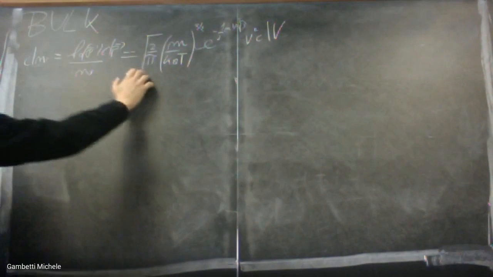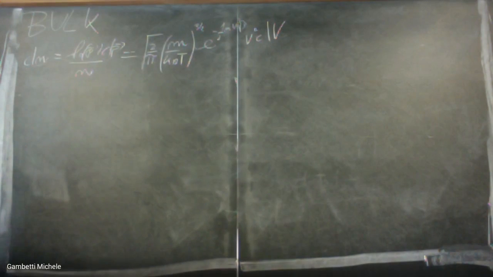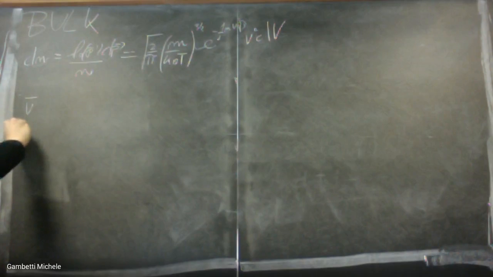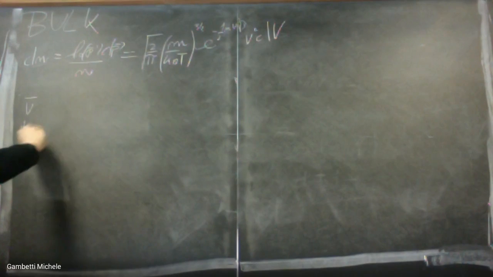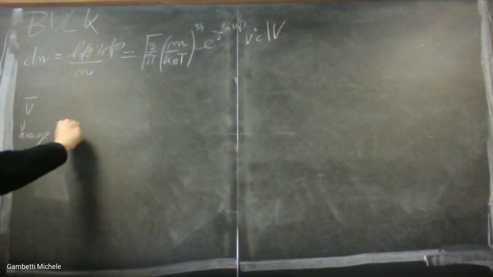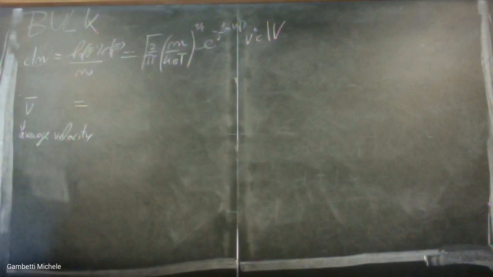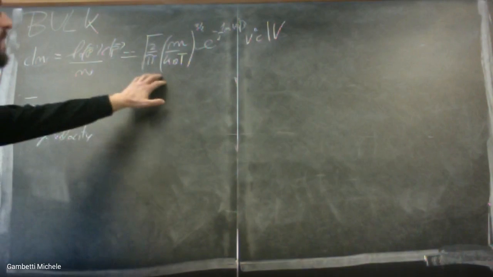Okay. So now, with this distribution function, this probability, I can of course write which is the average velocity. And the average velocity, as usual, is just the probability times v.